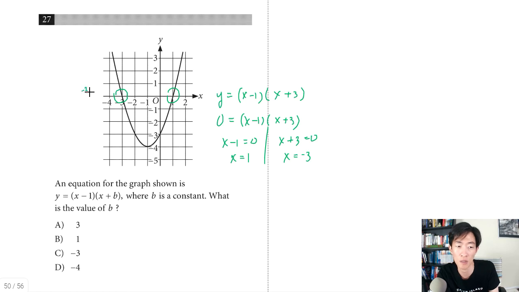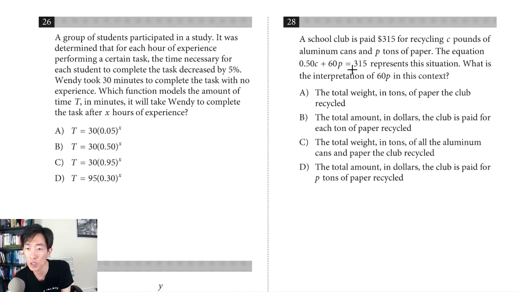This is going to be negative 3, 0. This is going to be 1, 0. And so therefore your equation is going to be x minus 1 times x plus 3, and therefore B is 3.